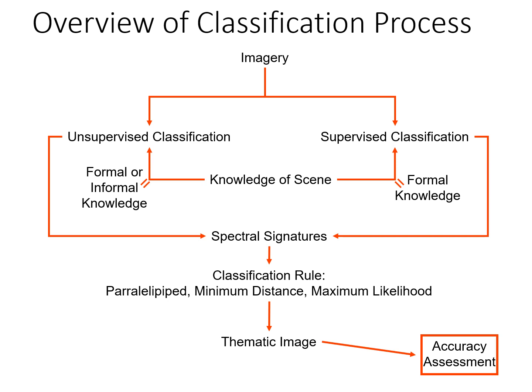So if on the right you have formal knowledge of what's going on in the scene, that is, for instance, you've got training sites, which is what we'll call them, areas that either on the ground or through photo interpretation of aerial photography, what is at a particular point.